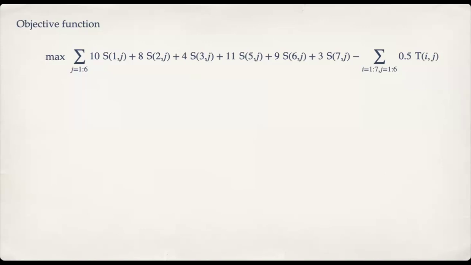Right. So the product two should be 6. Why did I put 8 there? Oh, 8 and 4. Okay, it should be 9, 3, 11, 4, 8.